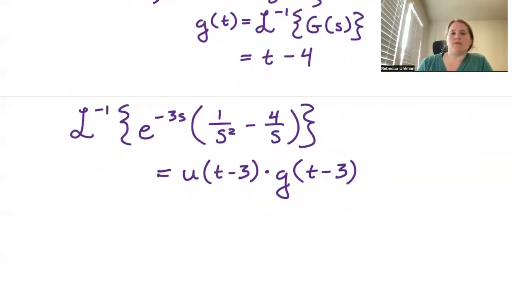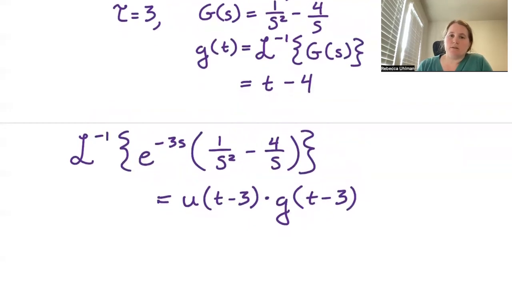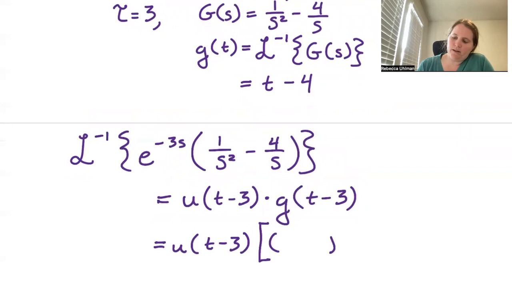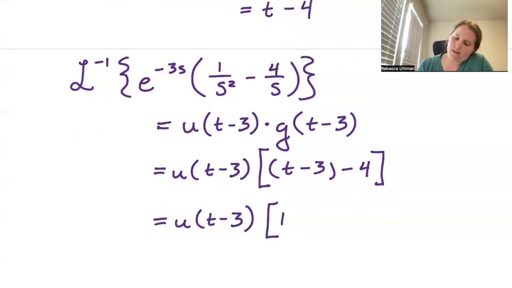So we take the inverse Laplace transform of our capital G, and then we translate it. So we have u of t minus 3, then we are multiplying by g of t. We did t minus 4. So we have our blank minus 4, and we will plug in that t minus 3 into our blank. And so we have u of t minus 3 times t minus 7. So that's the first part of our inverse Laplace transform.